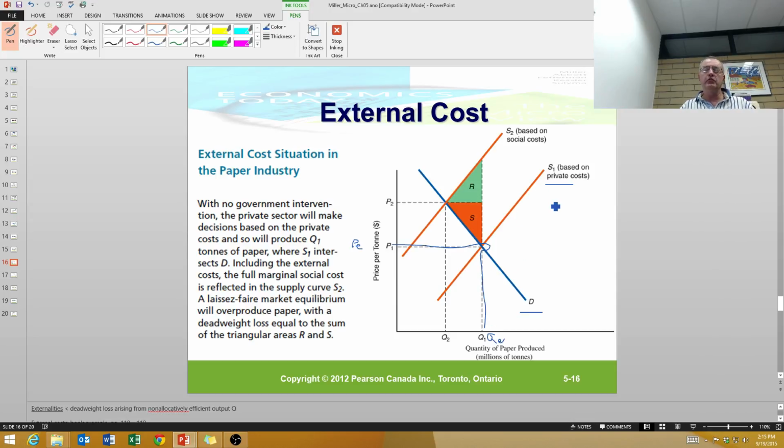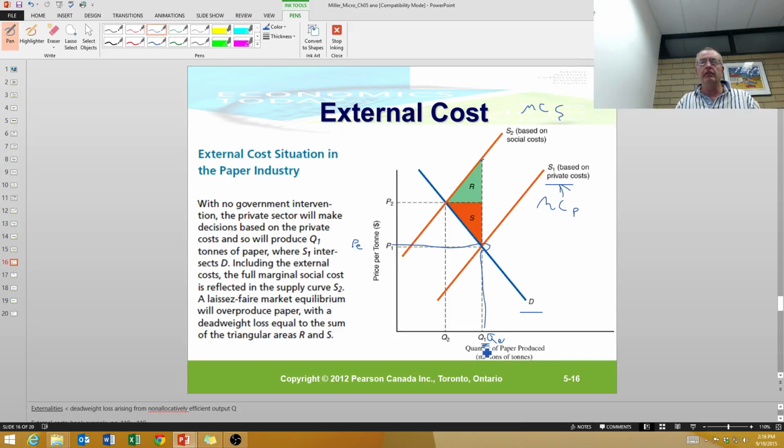But when we have negative externalities, society as a whole experiences costs that are not borne by the private manufacturer. Here's our marginal cost curve for society, and here's our marginal cost curve for private industry.